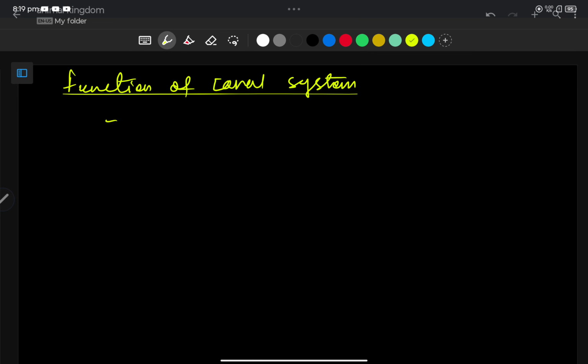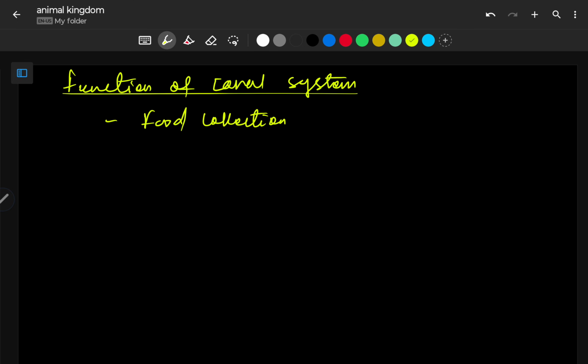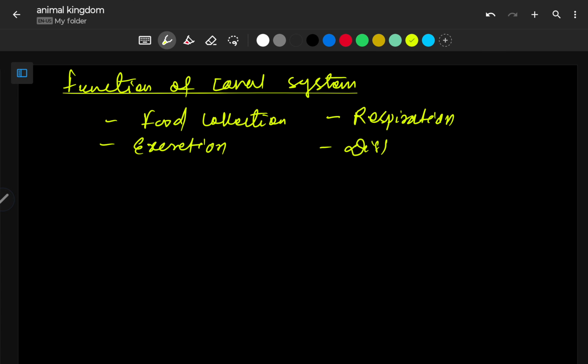Its functions are food collection. The water that enters into the canal system, from that water it collects the food. Next is respiration, then excretion and distribution of nutrient.